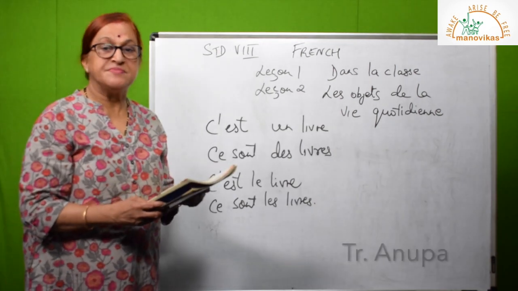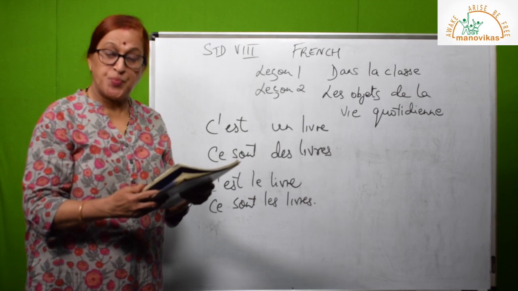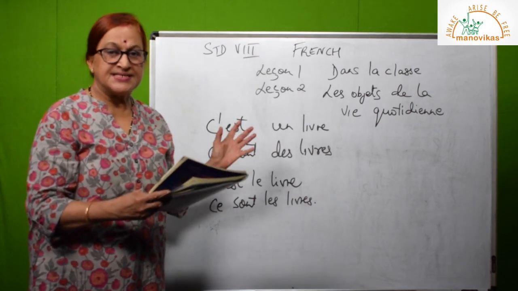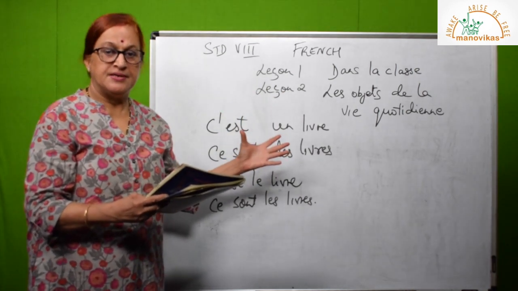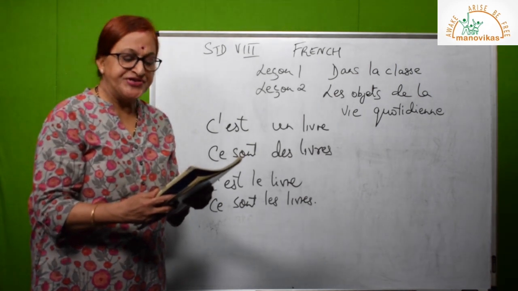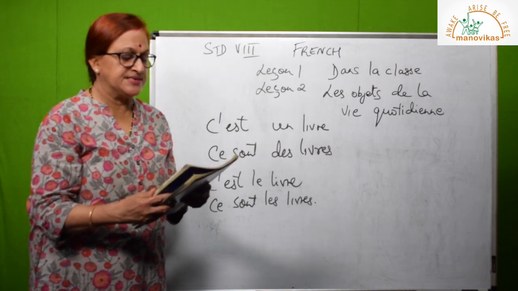We are going to lesson number 2. Leçon 2. Open your books to page number 27. Both the lessons I will be doing together because we are learning new vocabulary. Now here they are saying leçon 2, lesson 2, deuxième leçon, second lesson.